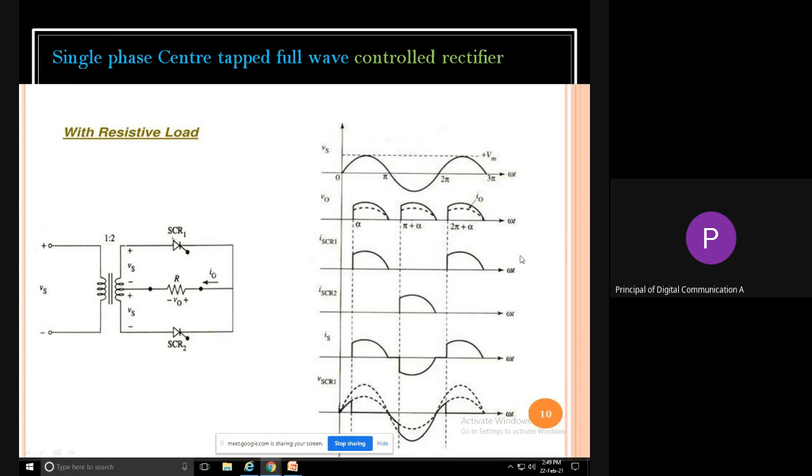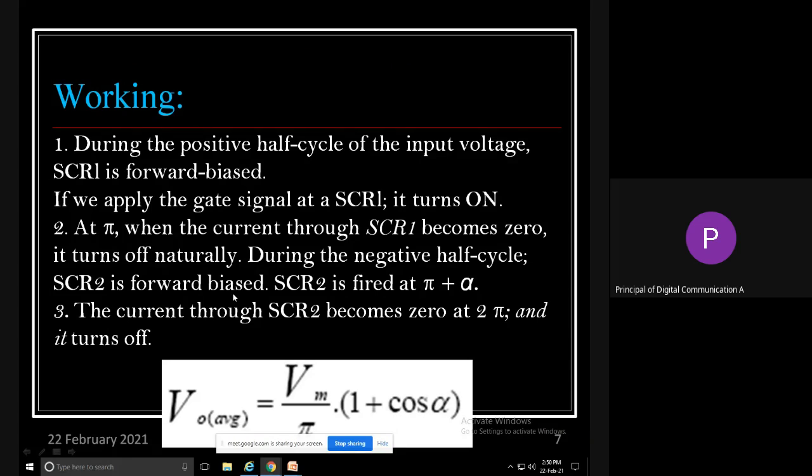So this is what we will get, and the output is also the same, from pi plus alpha up to 2 pi. This is the explanation up to one cycle, that is up to 2 pi, and the same process continues further. SCR1 will be on while SCR2 will be off for the positive half cycle. For the negative half cycle, SCR1 will be off and SCR2 will be on. The respective output you will get.